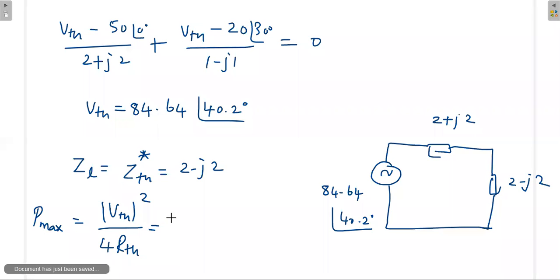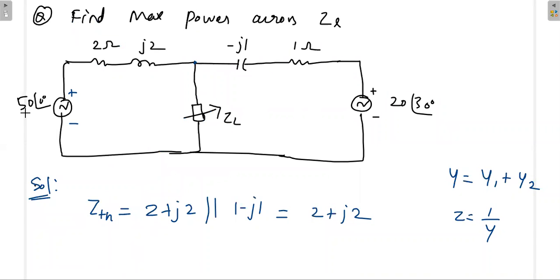Sometimes when they give the problem like this, they are not mentioning whether this is maximum or RMS value. But generally, if they give it in this format, they consider that this is already in RMS. There will be some ambiguity actually, but they consider that this is already in RMS.